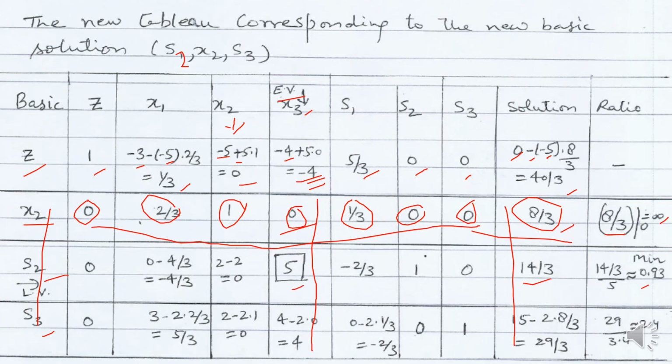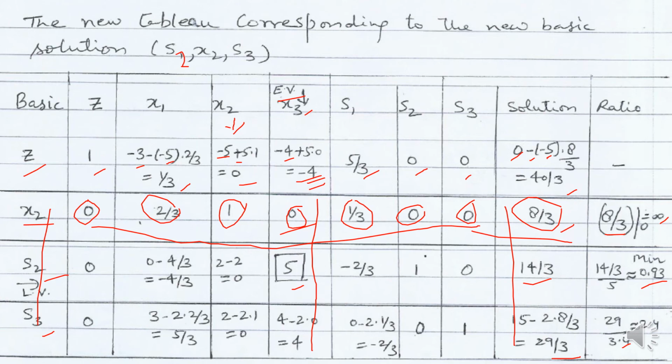Then 14 upon 3 divided by 5 is 0.93. Then 4 is the pivot column element, so 29 upon 3 upon 4 gives us, 7.4, I believe.